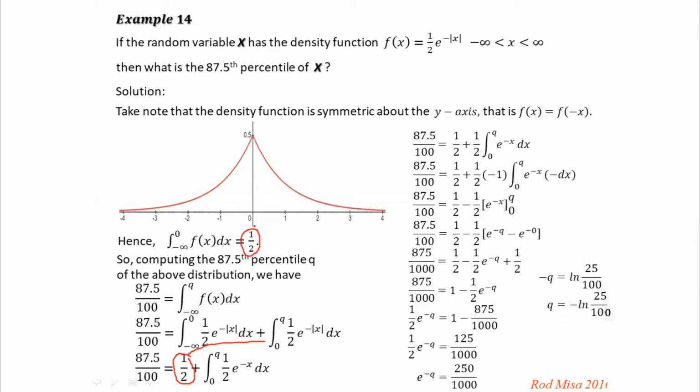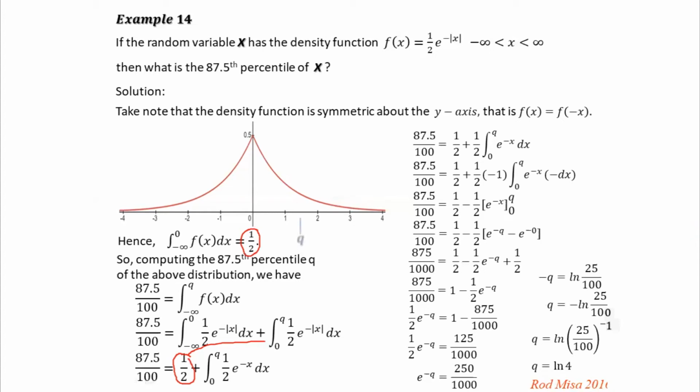And then applying the properties of logarithm, we have q, which is equal to the natural log of 25 over 100 raised to the exponent of negative 1. But because the exponent is negative 1, we just get the reciprocal of 25 over 100, which is 100 over 25. And 100 over 25 is 4. So our q value is the natural log of 4.